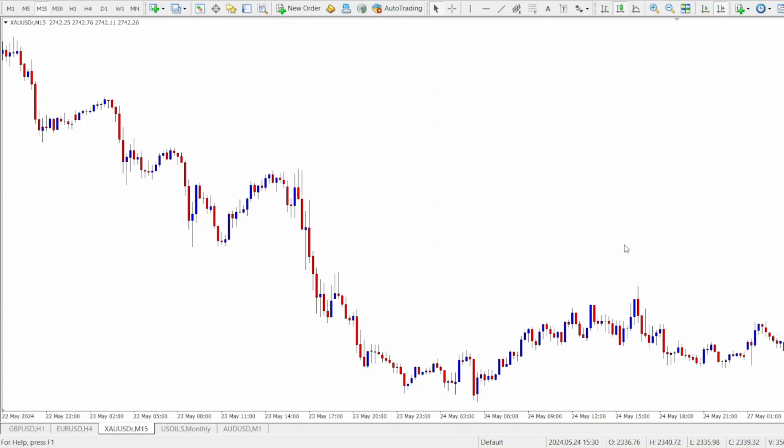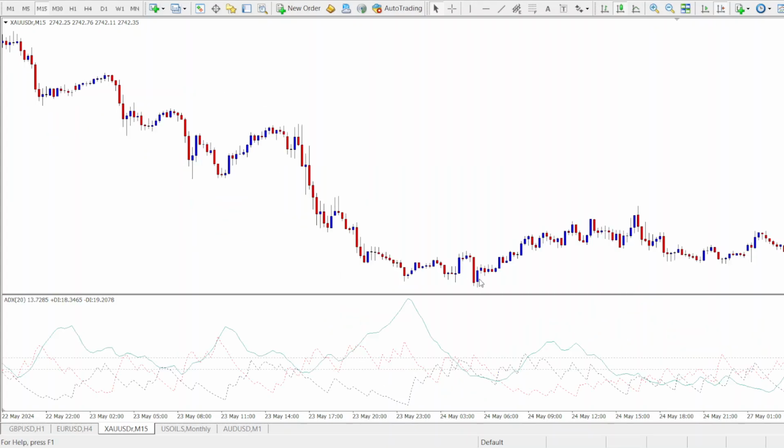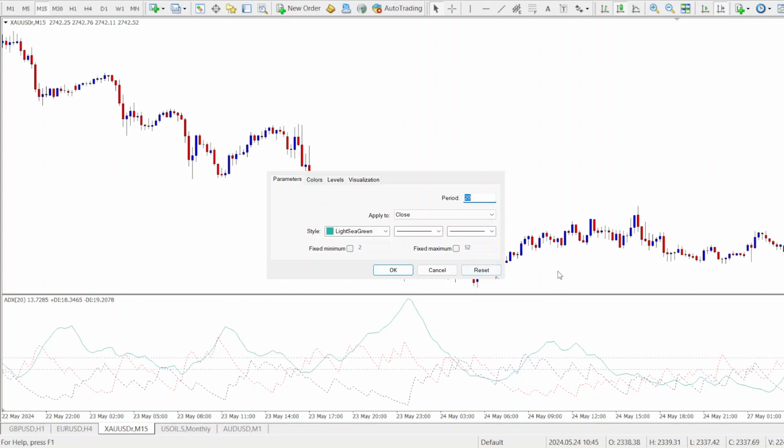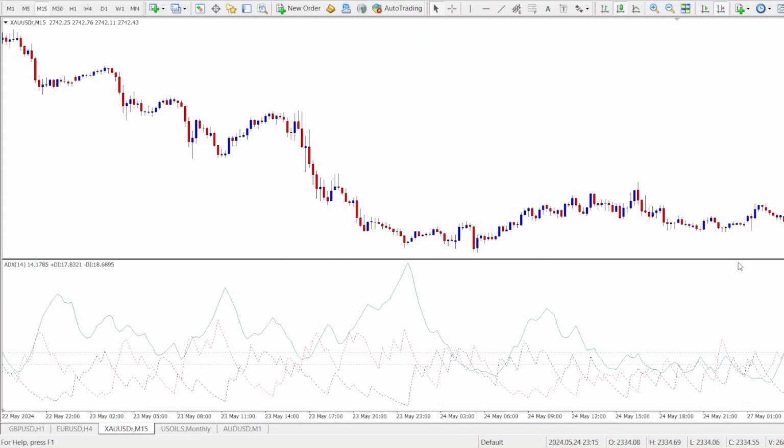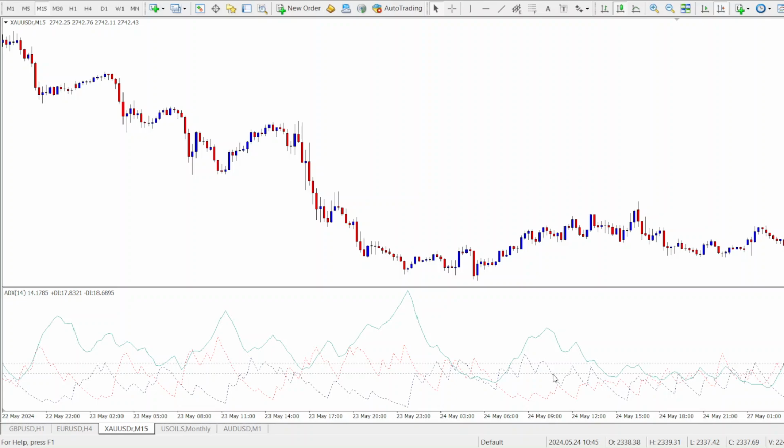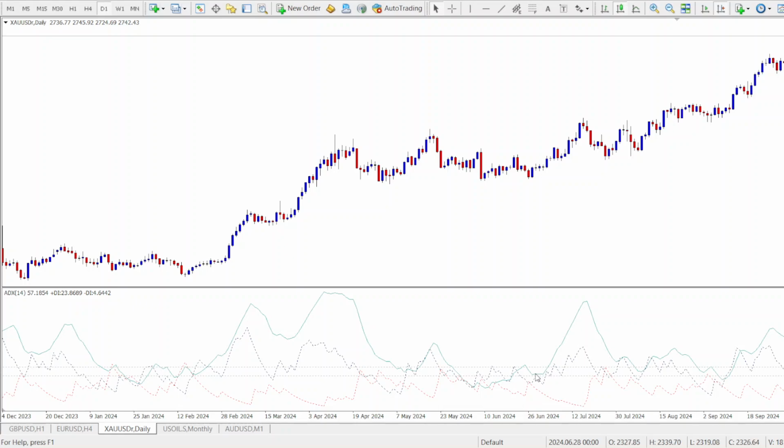Okay, so the ADX scale ranges from 0 to 60. I'm just going to add it onto the chart right now, and we can confirm that. I'm just going to set it to the default. Let me go to the daily time frame.